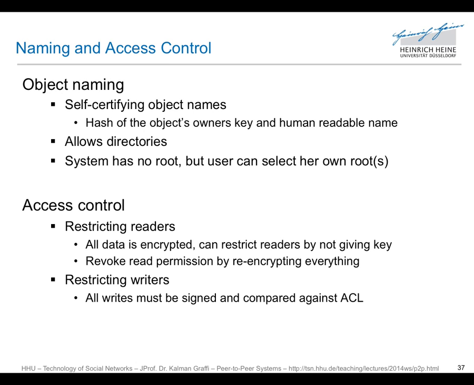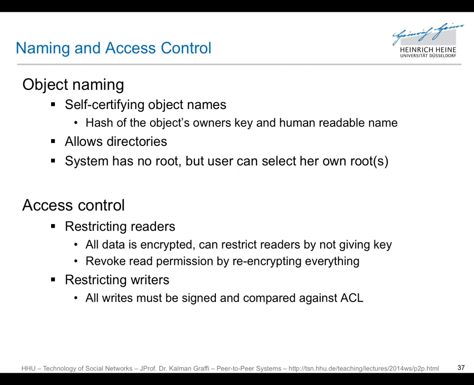How's it with the access control? They assume that all nodes might be untrusted. So all data is encrypted, and the encryption is implemented by having one key that is required to read the data.